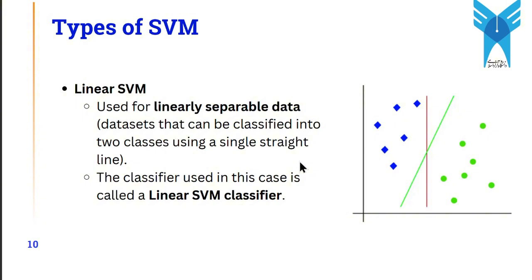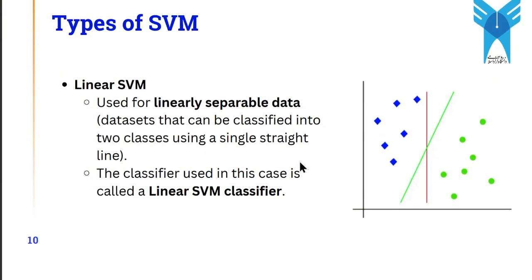Let's talk about the types of SVM in the simplest way possible. We've got linear SVM. This is like the superhero for data that's easy to split, when we have datasets that can be neatly divided into two groups with just a single straight line. That's where linear SVM shines.